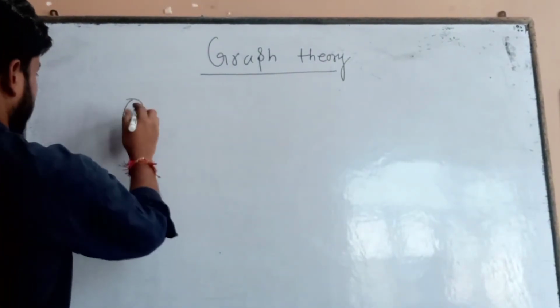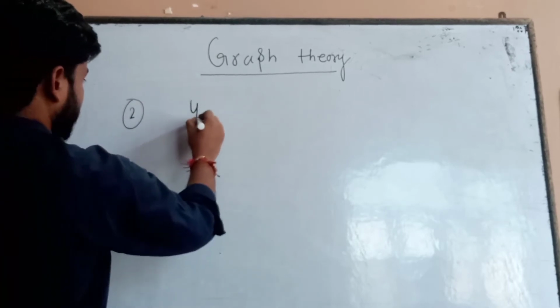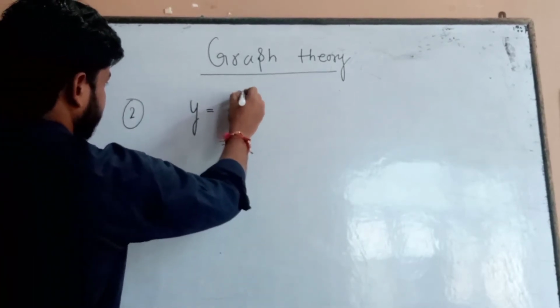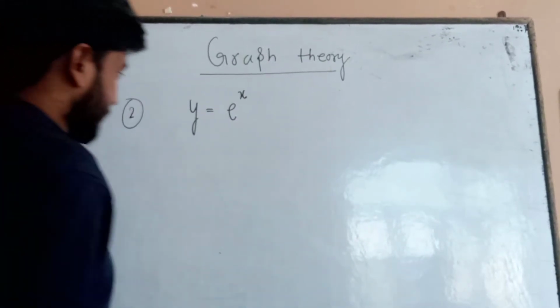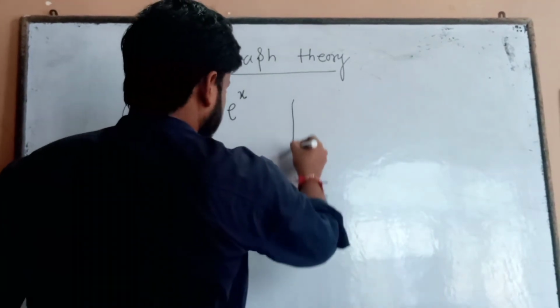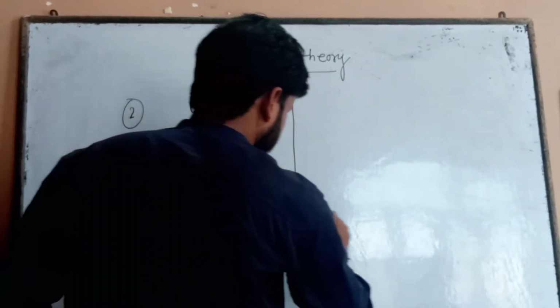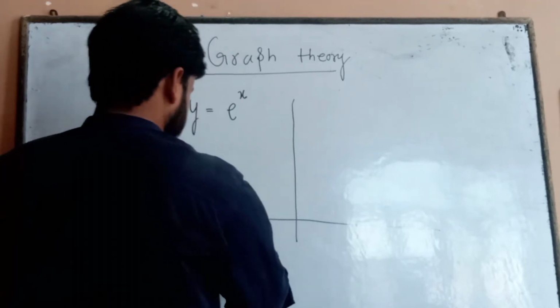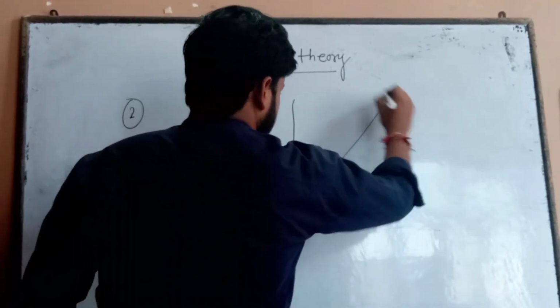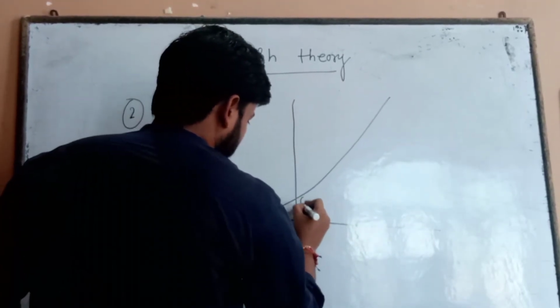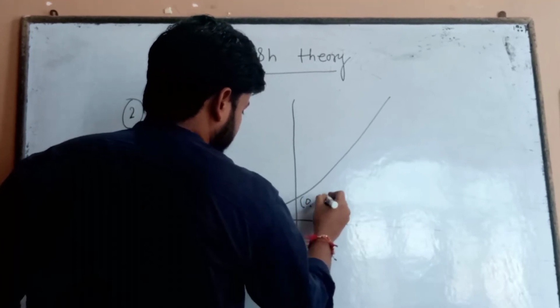Now take a second example. Y is equal to e to the power x. The graph of y is equal to e to the power x is like this. At x equal to 0, y is equal to 1.